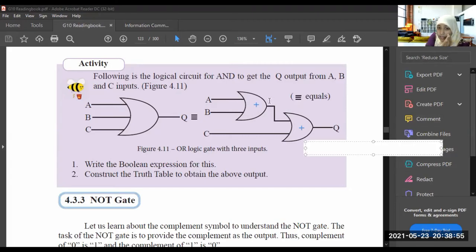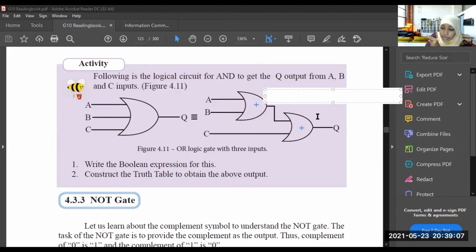Then take the output one by one. Now see how many inputs have gone through this gate. 2 inputs, A and B only. So the expression or the output here is A or B. Okay, so this is the expression of this.